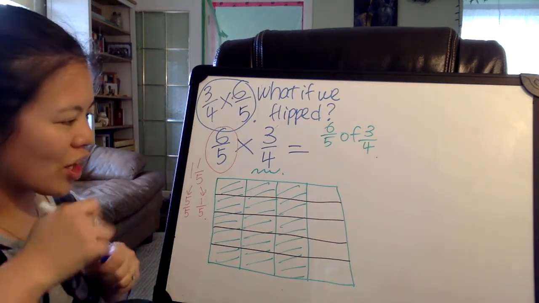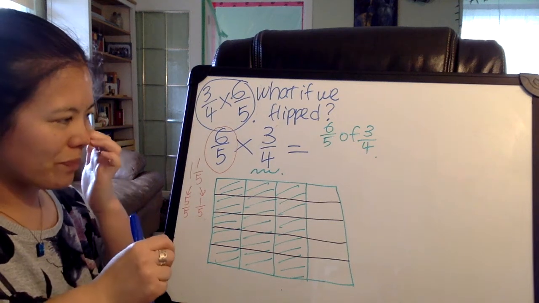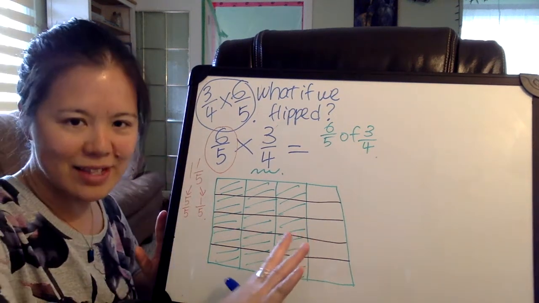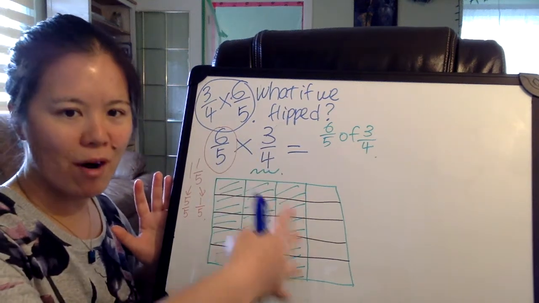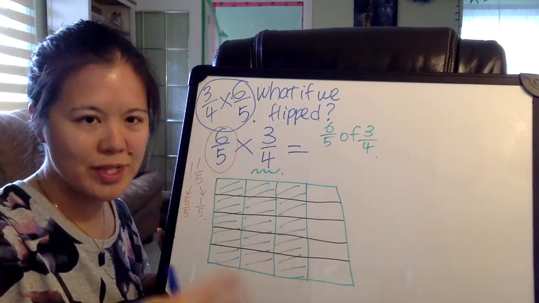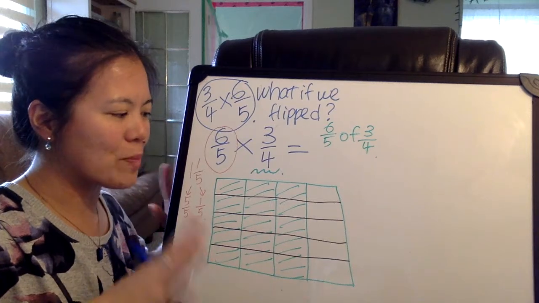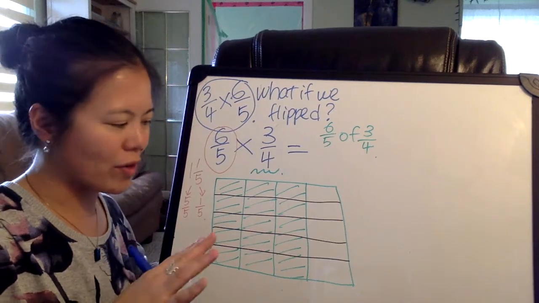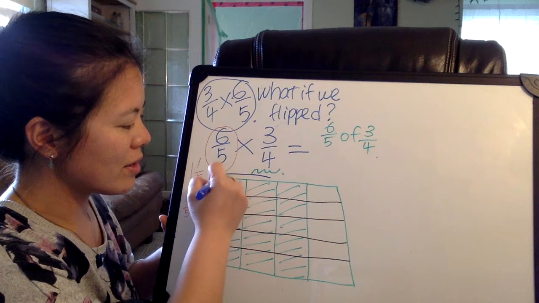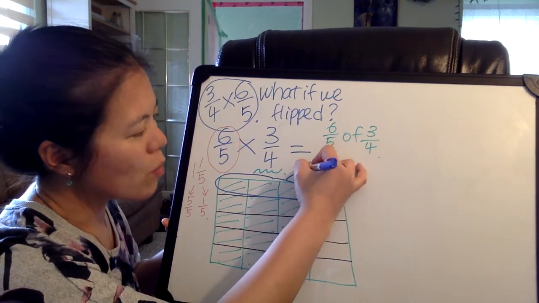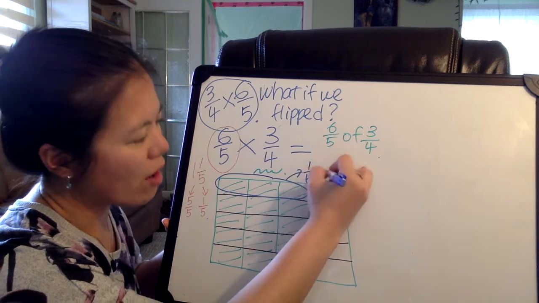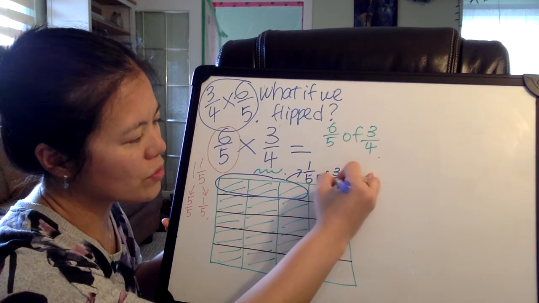So first we're going to take a look over here. I divided the area model, and especially the green part that represents 3/4, I divided these bits into 5 equal parts. So this one right over here, that is 1/5 of 3/4.